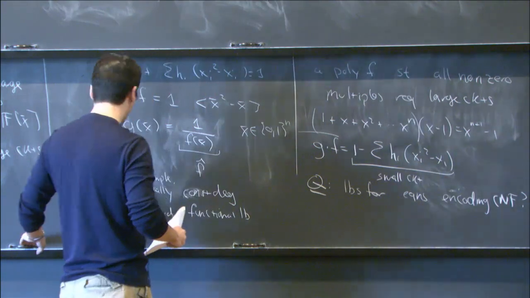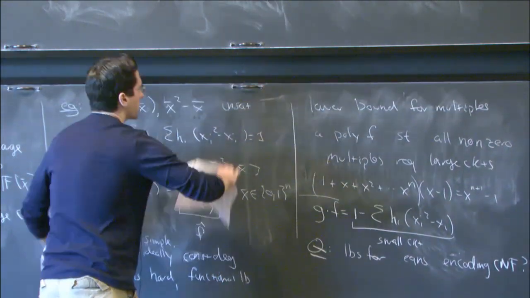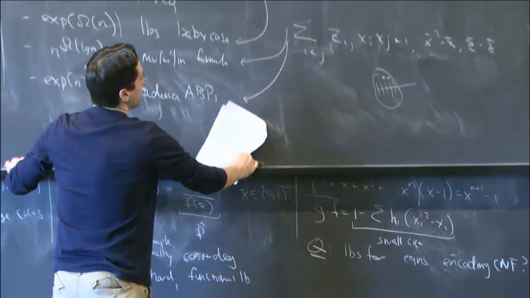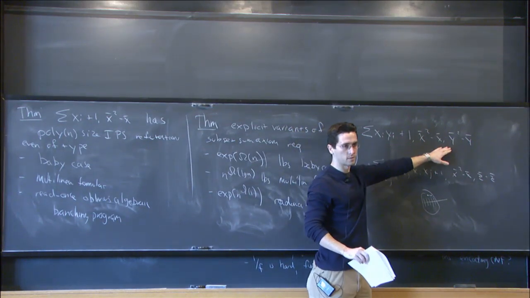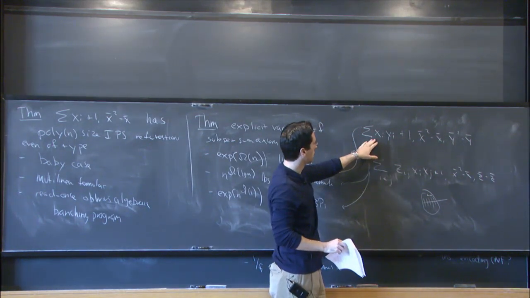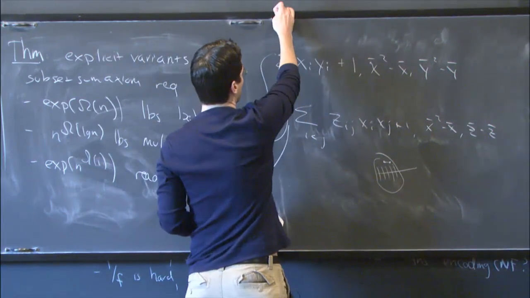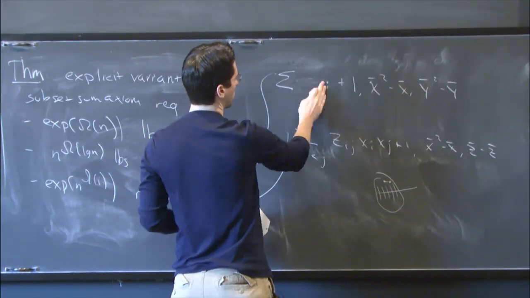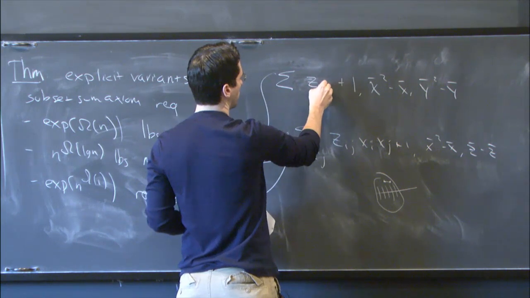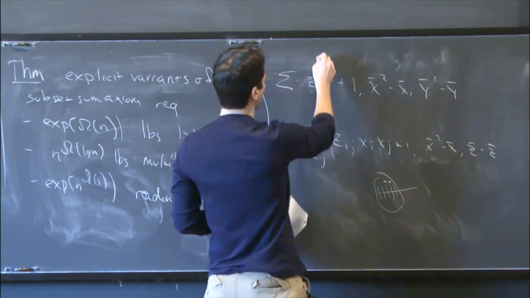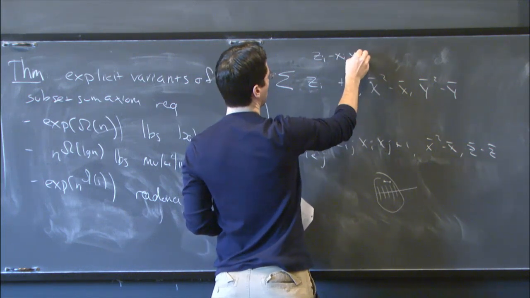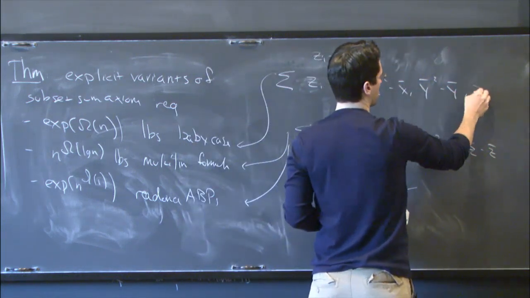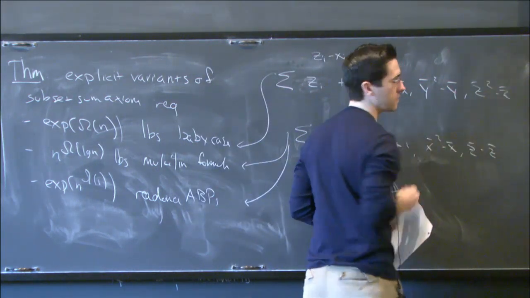One thing you can consider is this equation, which is one hard equation plus Boolean axioms. But you can encode this differently. You could say, for example, instead of this system, you have the summation of zi, and then equations like zi minus xi yi is 0, and then you put the Boolean axioms here.